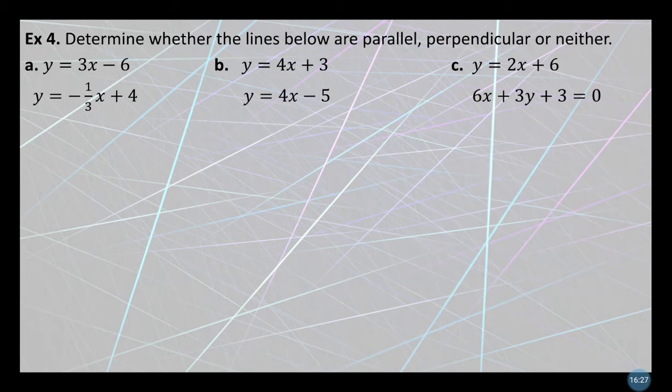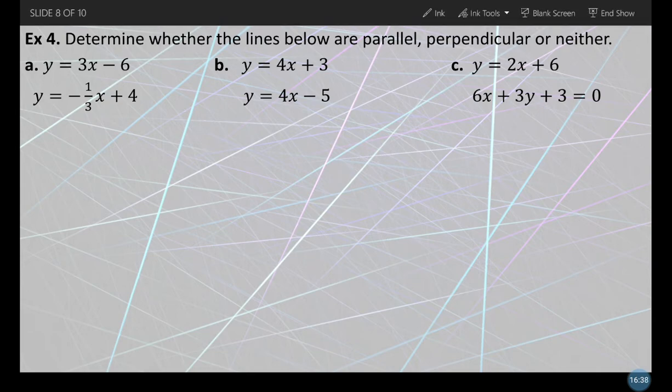Okay, example number 4, probably the last one I'll look at, and it just says determine whether the lines are parallel, perpendicular, or neither. So here's A. I have y equals 3x minus 6, and y equals -1/3 x plus 4. So to determine whether these lines are parallel or perpendicular, I really just need to focus on the slope.